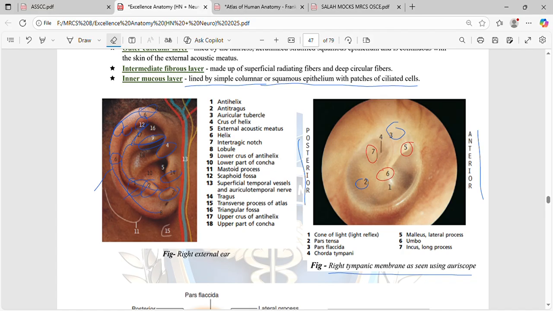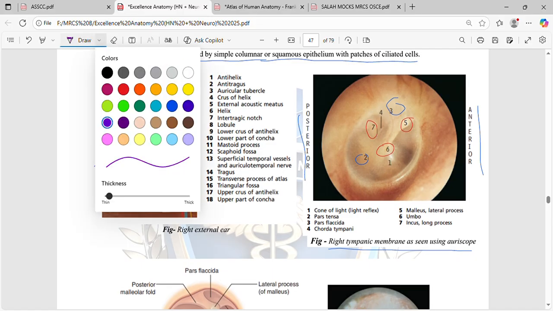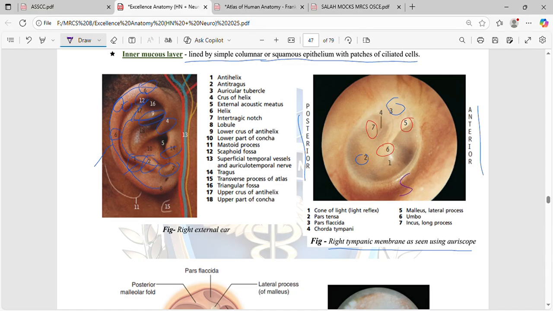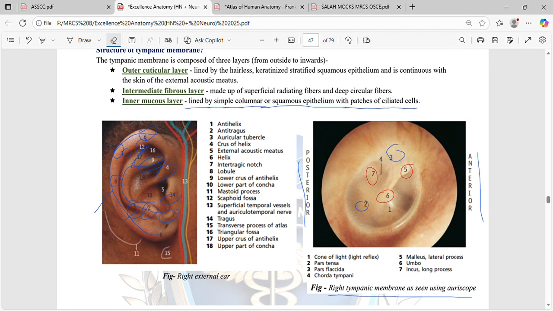You can remember it by... sorry, that mnemonic is for something else, I will tell you later. But here we have MIS: malleus, incus, and stapes.